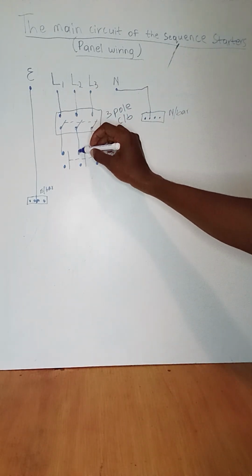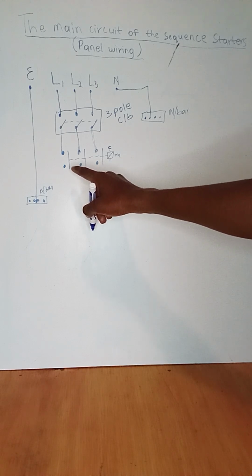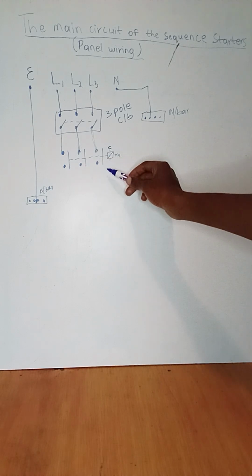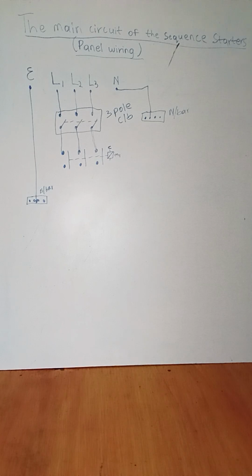And then right now, our supply will come out to the bottom points and all the way to the overload relays. So I'll draw the symbols of the overload relays.